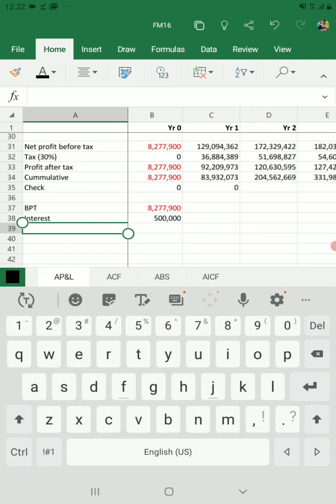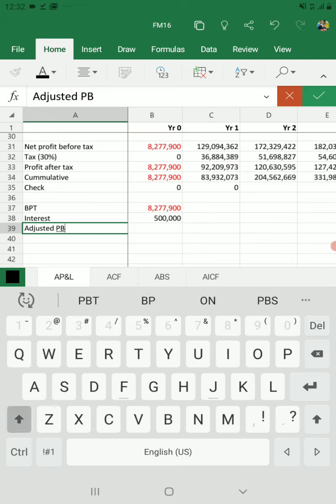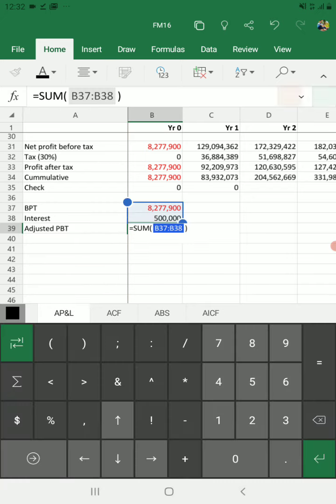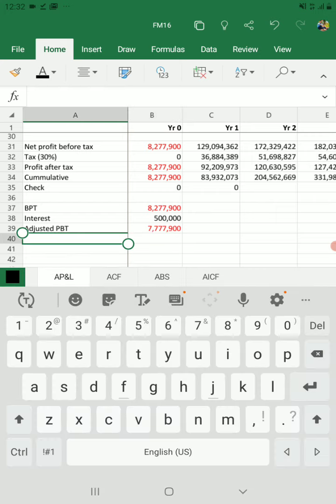So we will have our adjusted profit before tax, which is the summation of those two components. And from this now is where we will compute our theoretical tax.